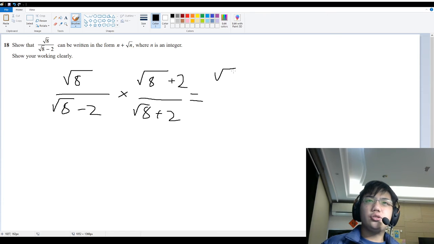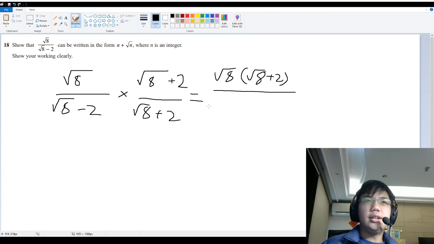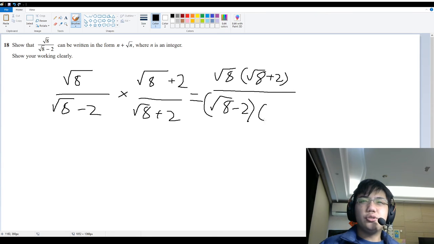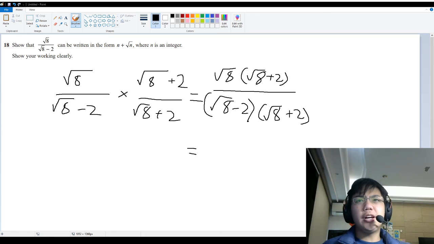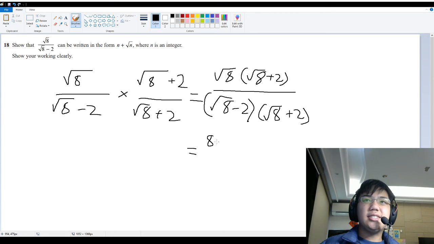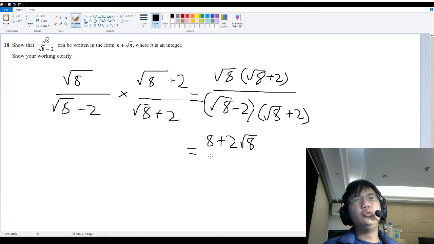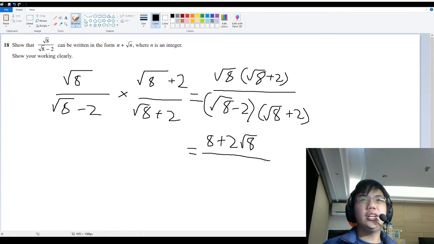So you'd get square root of 8 plus square root of 8 times square root of 8 plus 2, over square root of 8 minus 2 times square root of 8 plus 2. The reason for this is to not change the value of the fraction, but also make the denominator a whole number. So here we have 8 plus 2 root 8 for the numerator.